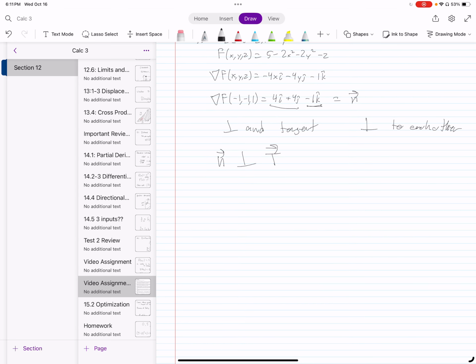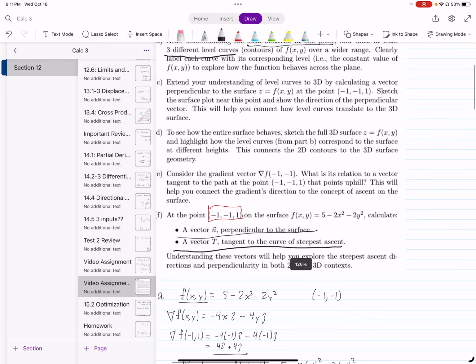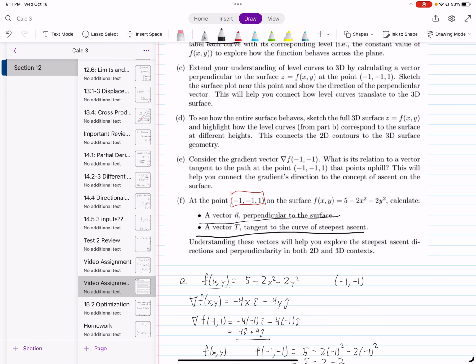So we conclude that n is equal to 4i plus 4j minus 1k, and that t is also equal to 4i plus 4j with some unknown k value. We'll call that z1. So our goal is to find this vector t, which is the tangent to the curve of steepest ascent.